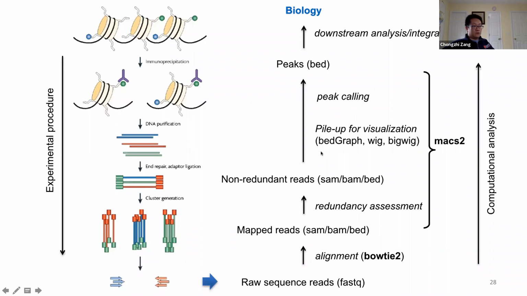Besides that, of course, we will also do pileup, just to pile up all the DNA fragments represented by the non-redundant reads for visualization with the data formats mentioned here. And all of these steps, from the mapped reads to redundancy assessment, peak calling, and pileup for visualization, can be done by the bioinformatics tool MACS2.